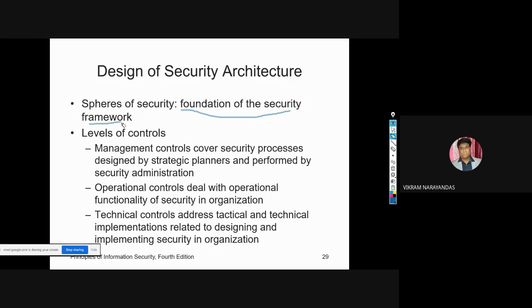The spheres of security are the foundation for the security framework, tools which illustrate how information is under attack from a variety of sources. The sphere of use. You can see the diagram for this.